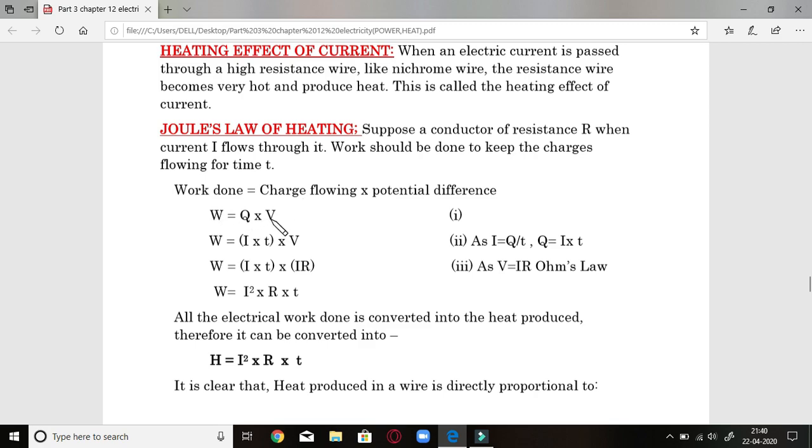Okay, now what we did is we replace this Q with I into T, as current is equal to charge upon time, so charge will be equal to current multiplied with time.